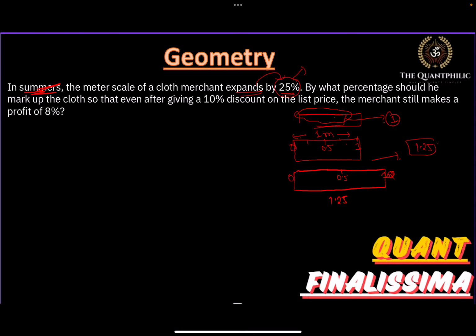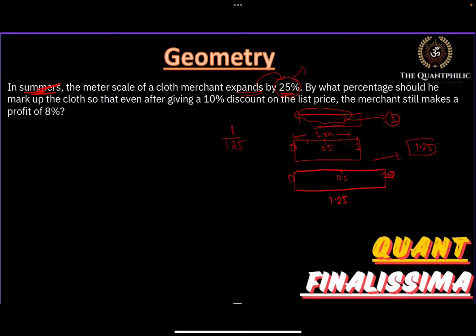Now if I try to solve this, the 25% expansion is a loss for him, right? So for the cloth, he'll take the price of 1, but he will give 1.25 cloth. 25% extra cloth he will give.